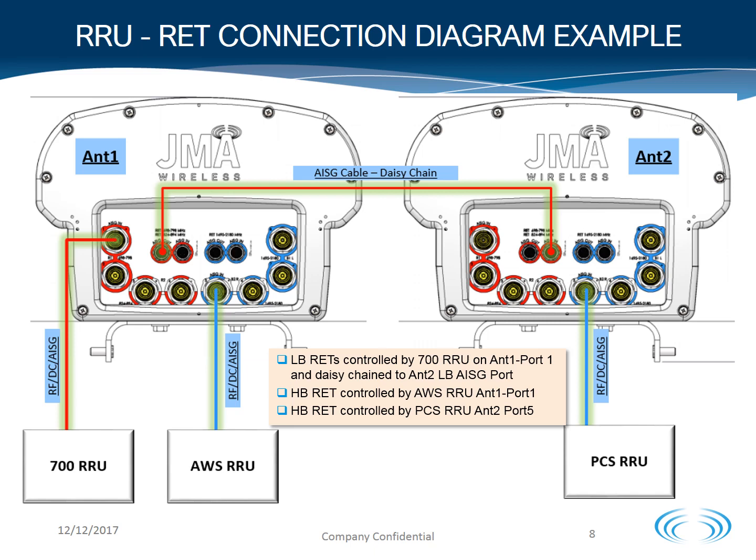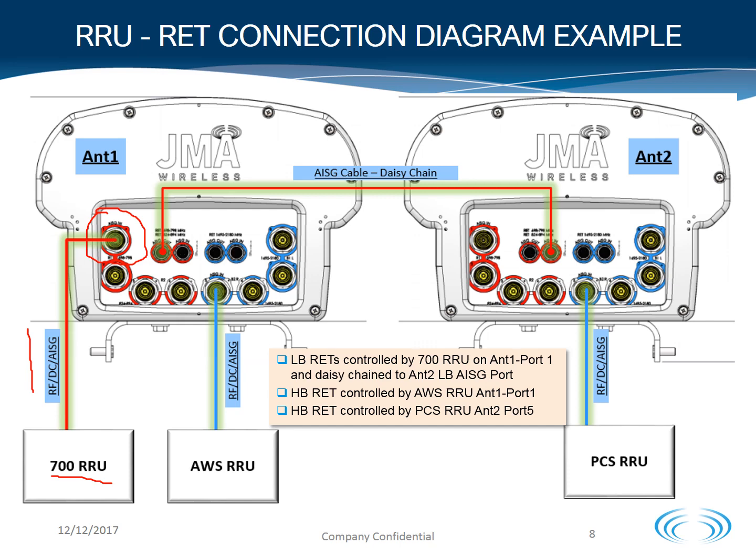RRU-RET connection diagram example. This diagram shows you 2 NWAV antennas that are integrated to the RRUs for RET controlling through the RF port. On antenna 1, the 700 RRU will be controlling the RETs through the RF port that has the internal smart BIAST.